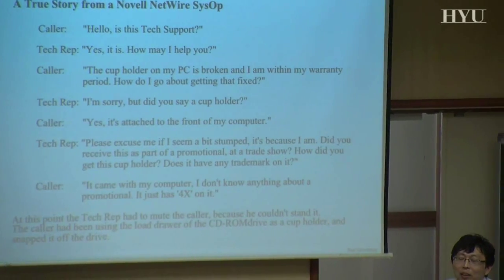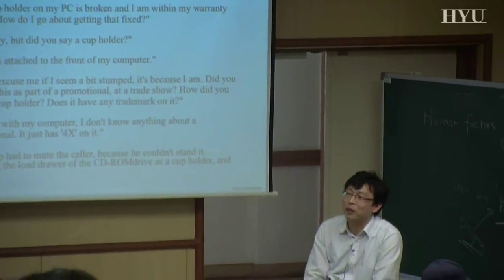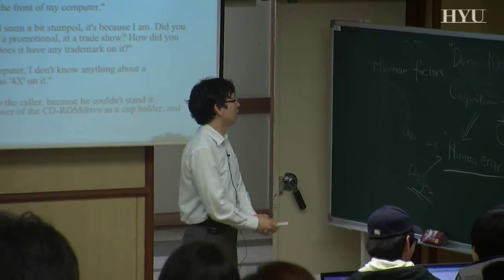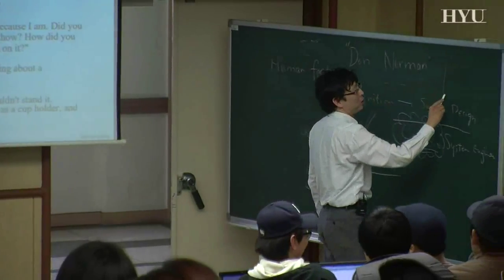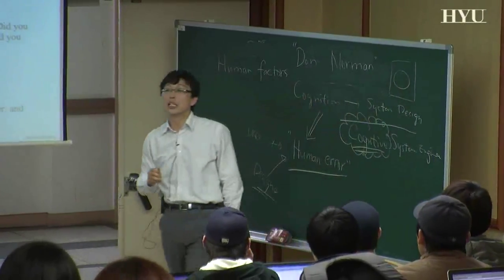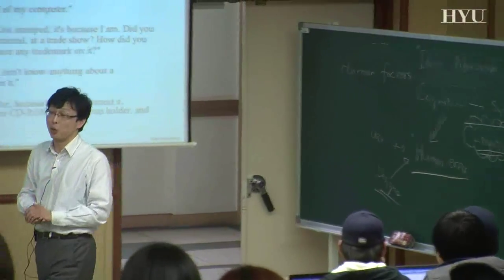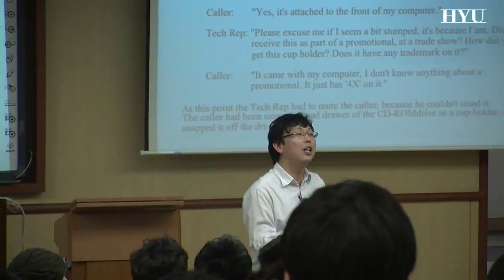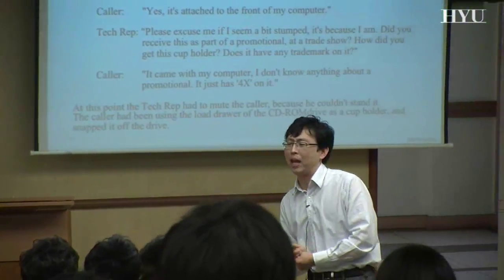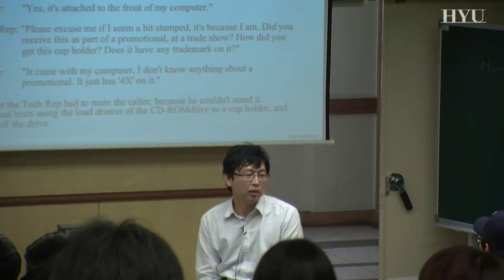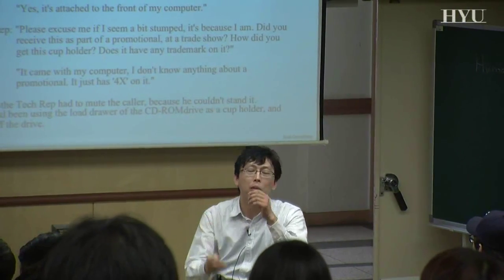Huh? But that was the first time the designer proposed a CD-ROM. It looks like this one, isn't it? When you click it like that, he used it as a cup holder, but it isn't strong, is it? The idea is, why did the designer of the CD-ROM make the CD-ROM drive like that?